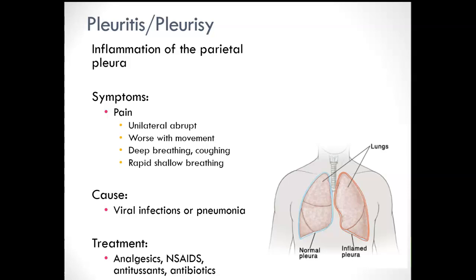And also giving them an antitussive so that they don't cough, because coughing just exacerbates that pain and makes it really painful. It's not something that you see every day, but again, really, really uncomfortable. And that in and of itself can then lead to other lung problems because they don't want to deep breathe. They don't want to cough. They don't want to do incentive spirometer because it hurts.